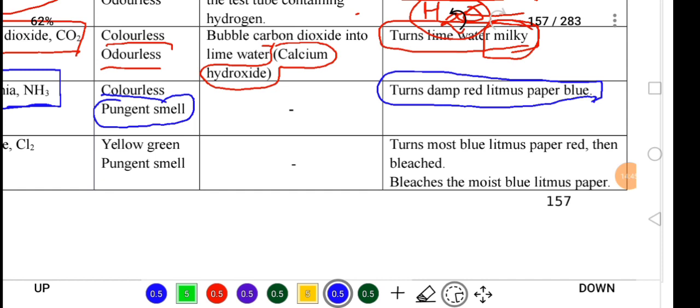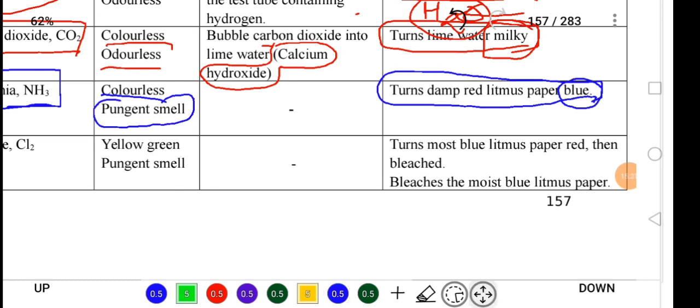And if at all ammonia is being produced, it is going to turn this damp red litmus paper blue, indicating that this gas which is being produced is basic, because only basic substances are able to turn a red litmus paper blue, and ammonia is the only gas that exists as a base. Therefore, that is a test enough to indicate that from the chemical reaction, we are having ammonia being produced. That is very important, my dear learners.